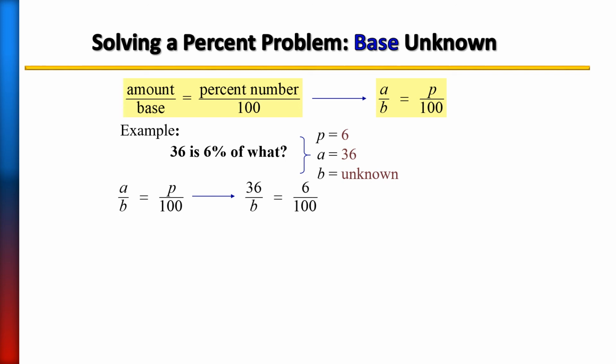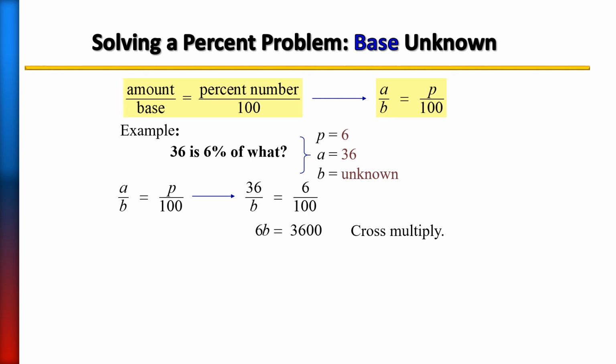We're going to use cross multiplication to solve this equation. So 6 times B is 6B on one side, and on the other side, cross, you have 36 times 100, which is 3600.